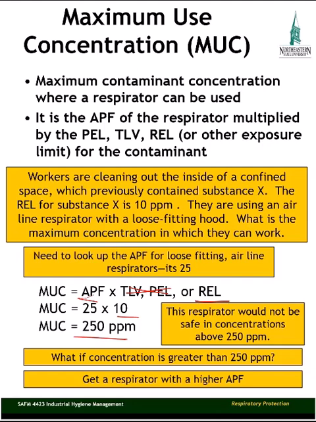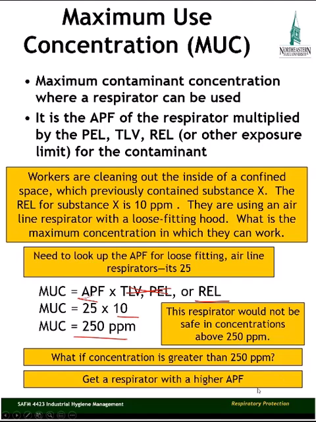I'll show you an example here in a second, and I'll repeat this with that example. But IDLH always takes precedence over the calculated maximum use concentration. And if it's an IDLH environment, you've got to use an SCBA. Well, there's a lot of letters there: IDLH, SCBA, MUC. Just try to keep them straight as best you can.